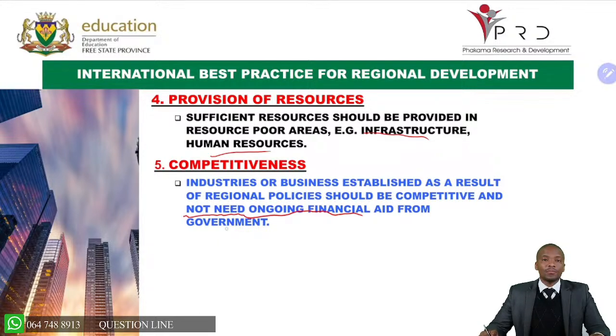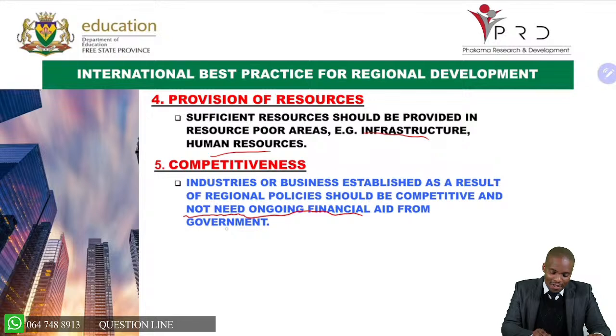Number 6, investment of social capital. This issue of social capital relates to human beings. So investment of people in another ways. So regional development concerns people and aims to serve the people of that particular region.